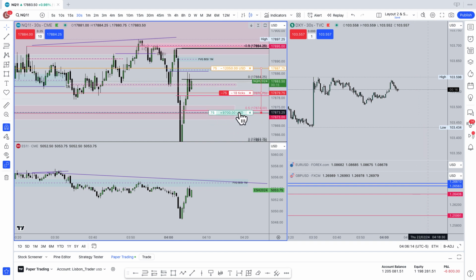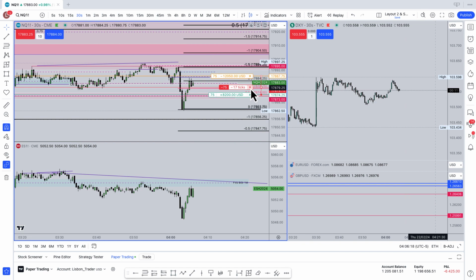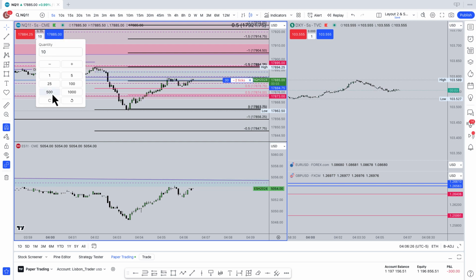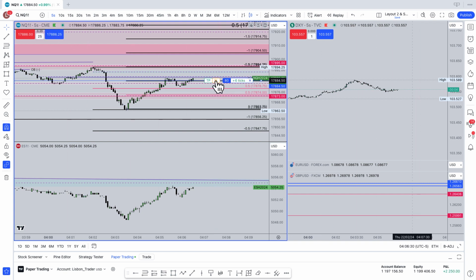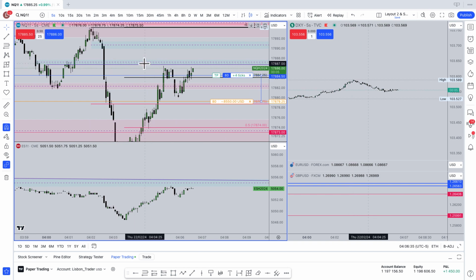So not liking it, so let's enter long. There. So I want to buy above this level as it moves higher.